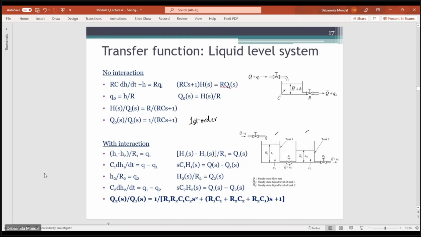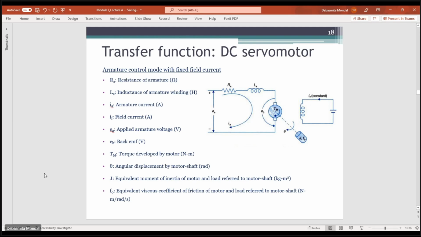That will not give you the overall transfer function. You have to start from the basic differential equation, and then you see that the order of the system increases and it becomes a second order system. So the main thing for deriving a transfer function is that you start from the basic differential equation, take the Laplace transform, and find the transfer function of the system.